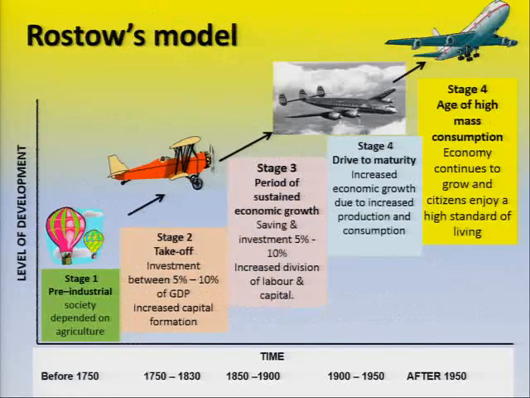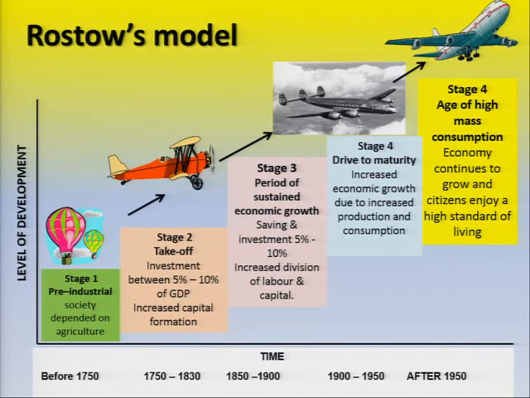Now let's continue to look at the Rostow model. Look at this diagram here. According to Rostow, development occurs in different stages, and development is a very slow process. For America to be where it is now, it has taken a very long period to become a developed economy.